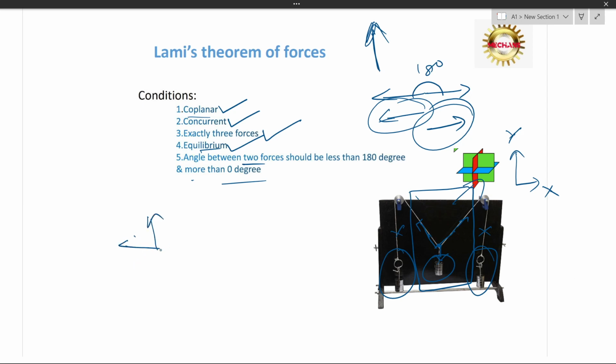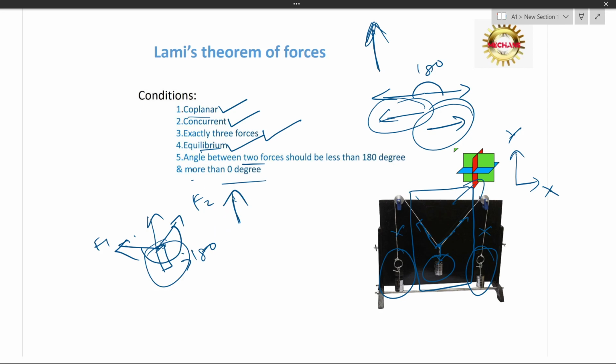So what happens if the angle between two forces is more than 180 degrees? Consider three forces acting on one single body, where the angle between F1 and F2 is more than 180 degrees. Then if you see, all the force is acting in this direction, so this body is definitely moving in this direction, so there is no way of equilibrium.